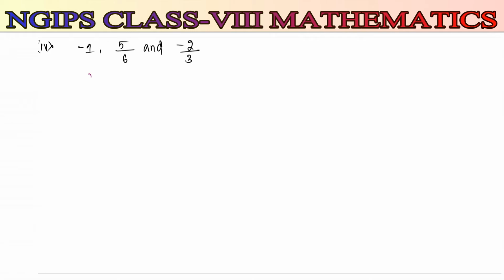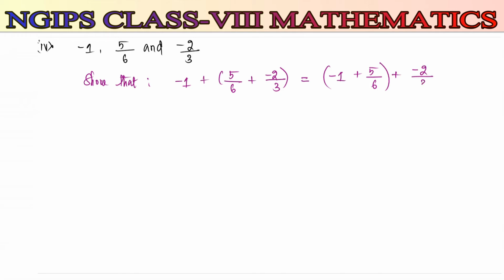So first we have to write in the form of associative. Show that -1 plus 5/6 plus -2/3 equal to -1 plus 5/6 plus -2/3.